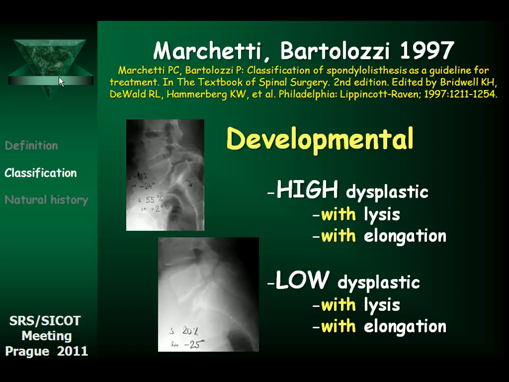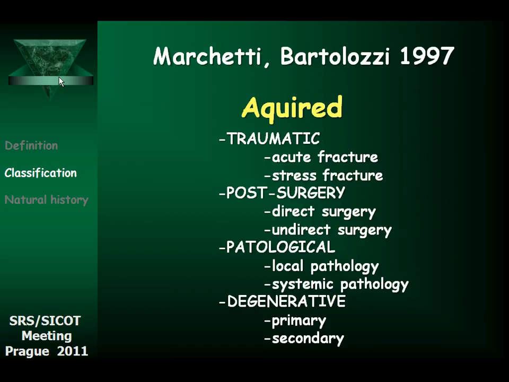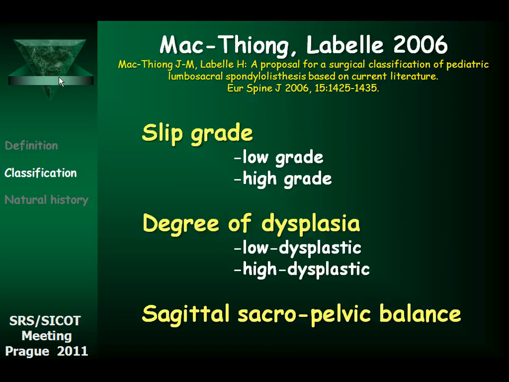In the developmental type, high and low dysplastic, it can also be with lysis or with elongation. The second type, acquired, can be traumatic, meaning acute or stress fracture; post-surgery, by direct and indirect surgery; pathological, meaning local or systemic pathology; and finally degenerative, which can be primary or secondary.